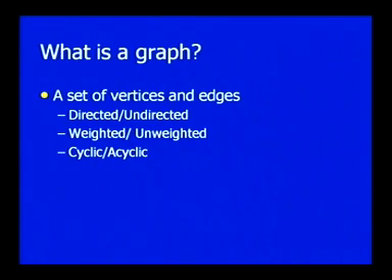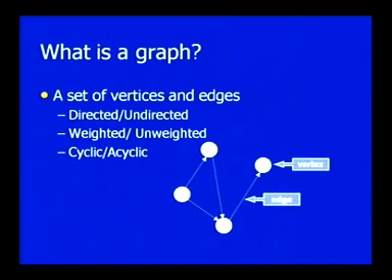It can be cyclic or may not have any cycle at all. In that case, it is called an acyclic graph. So, you can see this is a graph where these are called vertices and these are called the edges. Since these are associated with arrow marks, we call this a directed graph or digraph.